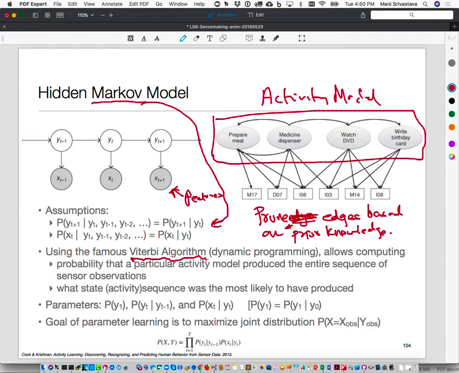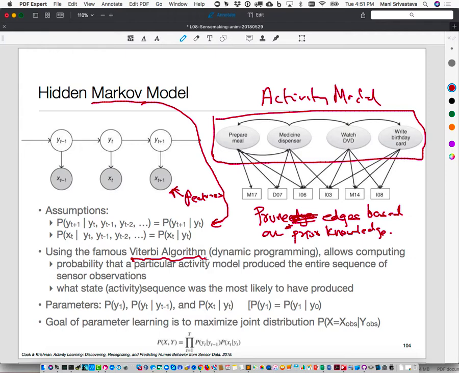And then finally, you could do a further simplification. You can say probability of y1 is nothing but probability of y1 given y0, and y0 is some sort of activity state which is like a root point, a start point. Then the goal of parameter learning is the following: I have training data, and in that training data there exist labels y and the corresponding measurements x. So I have a whole bunch of x, y pairs.